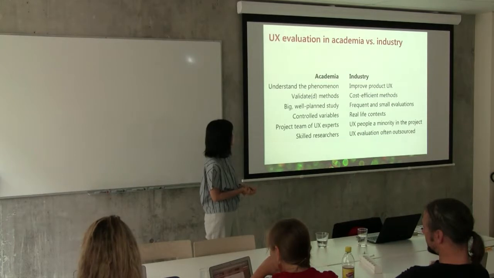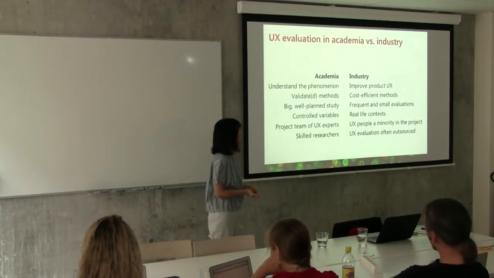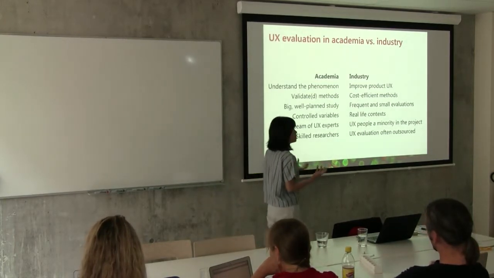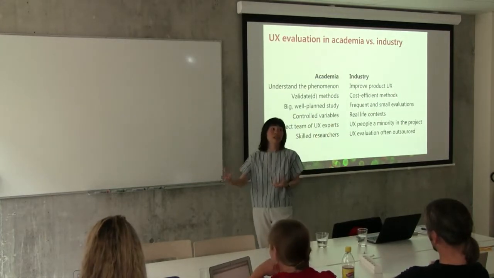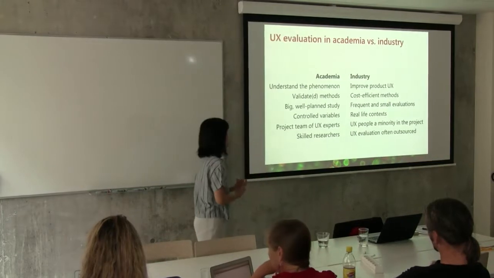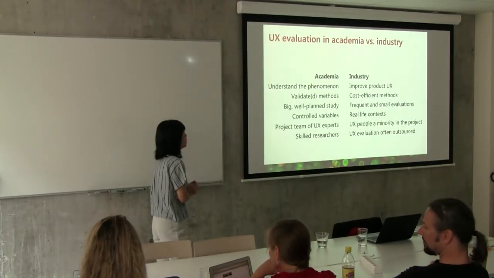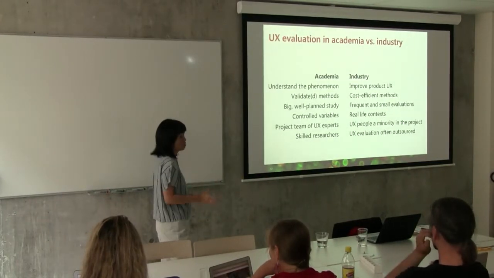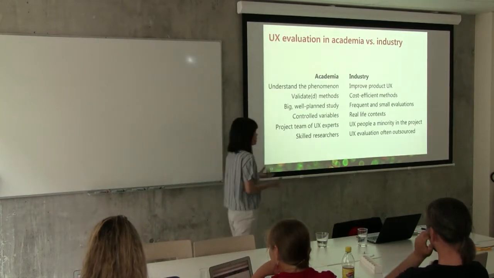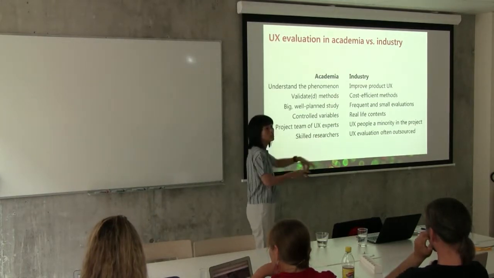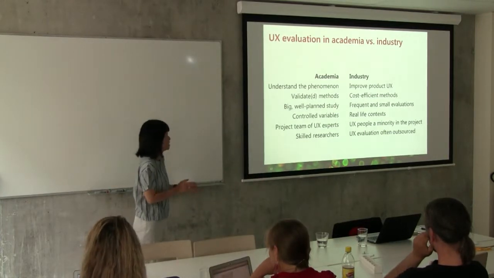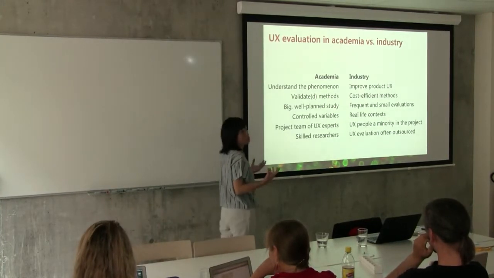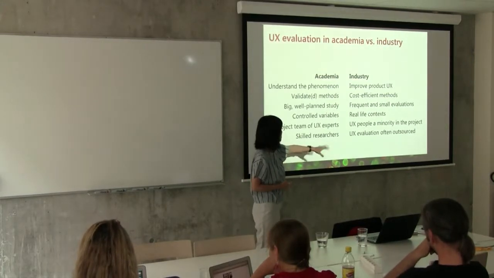In academia, we have a team of UX experts, but in industry, because of cost concerns, UX people may only be drawn in at the last step of project development. Some larger enterprises may have the money to engage UX experts from the beginning to the end. But small and medium enterprises may only employ them, or sometimes have no money at all to engage a UX expert.